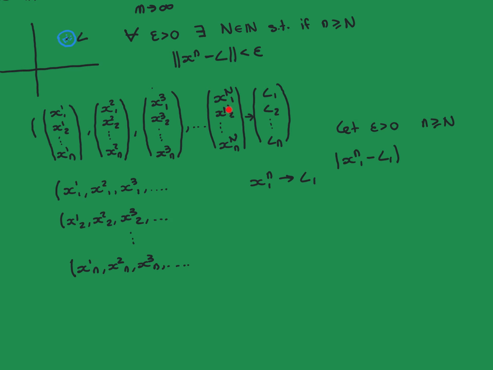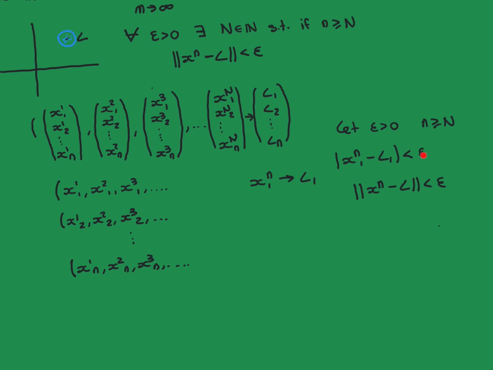So I'm now going to use the big N that I've got here, and I'm going to show that it works for the definition of convergence of my sequence of real numbers. There'll be a corresponding big nth term in my coordinate sequence here, and I want to show that if you go to a term little n that's greater than or equal to big N, then the distance between the term of my sequence xn1 and the limit L1, modulus now because they're both real numbers, is going to be less than epsilon.